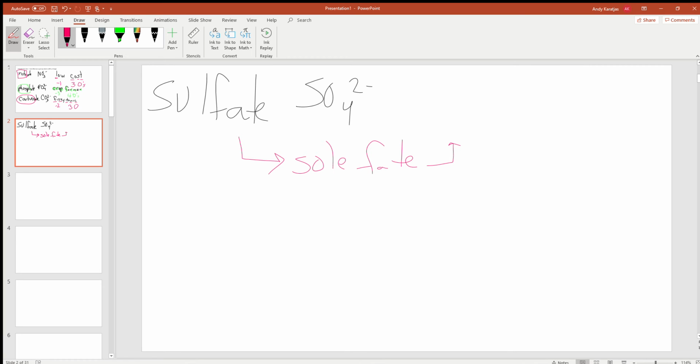So what is the fate of a sole? And notice the way sole is spelled here, S-O-L-E. It's a type of fish. In fact, it's a type of fish you might eat. So when you think of sulfate, you can think of a fish platter. Fish has 2 consonant sounds for the -2, and platter has 4 consonant sounds for 4 oxygens.